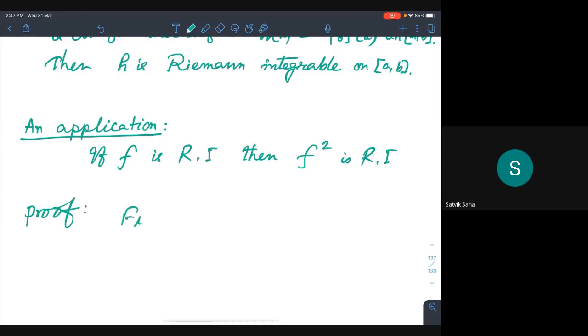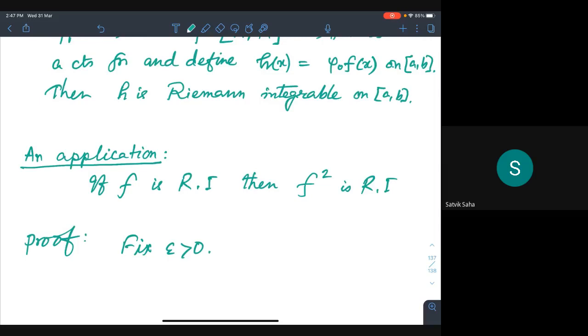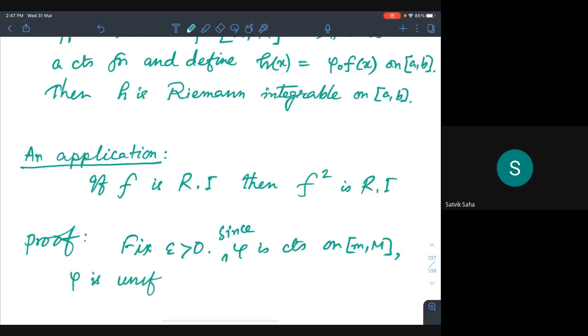So fix an epsilon greater than 0. Phi is continuous on the closed interval [m, M], so phi is uniformly continuous.